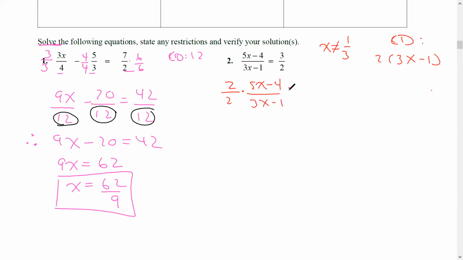On the right-hand side, we need a 3x minus 1 over a 3x minus 1. Now that I have a common denominator, and it's an equation, if the left-hand side is equal to the right-hand side and the denominators are the same, therefore the numerators are equal.